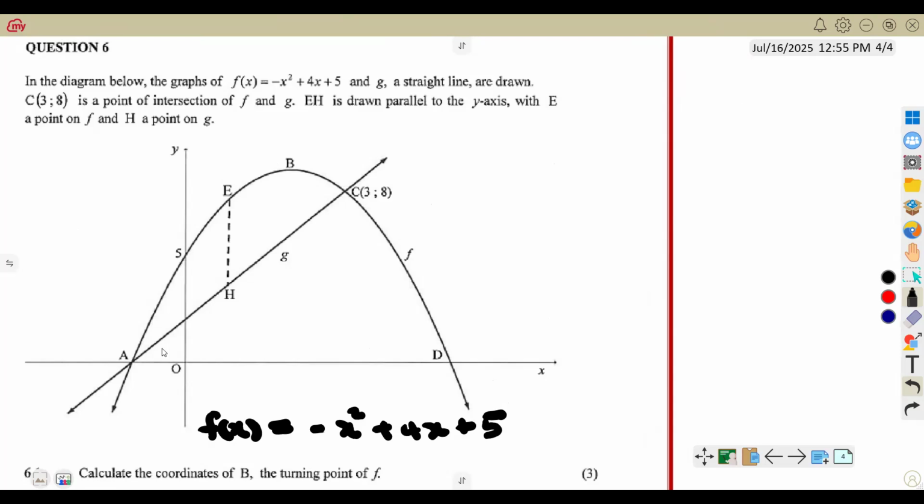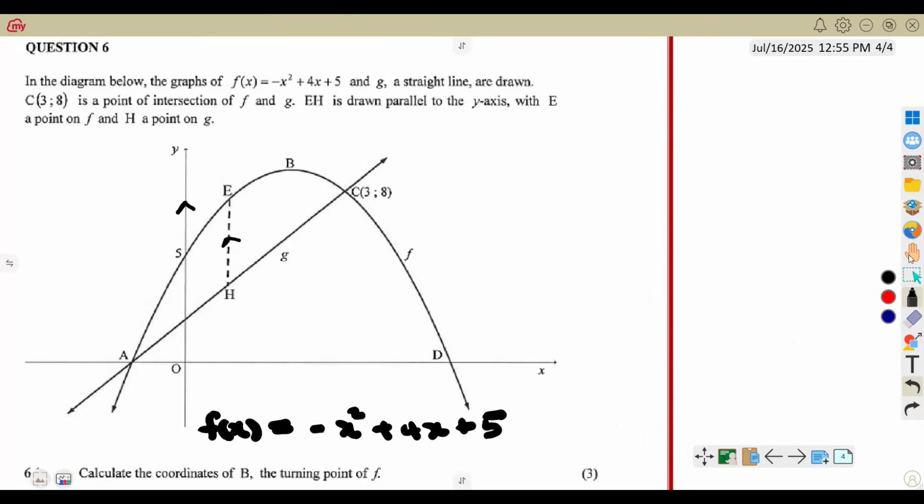And g is a straight line drawn. Then you are given a point C with those coordinates. (3, 8) is a point of intersection of f and g. Then you are told that EH is drawn parallel to the y-axis. So it means this and this are parallel, with E a point on f, and H a point on g. That is what we are given.